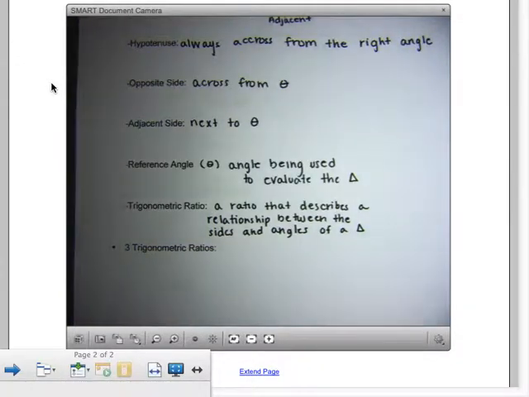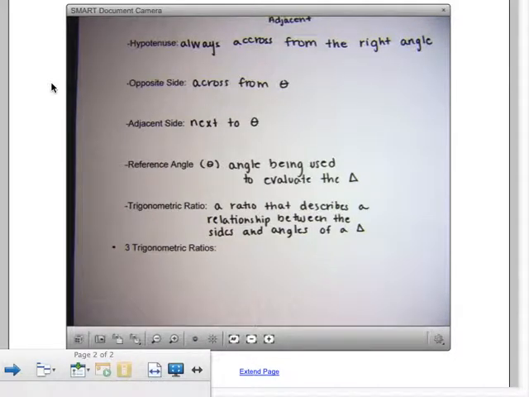Okay, so ratio, it's going to be a fraction, and we're going to use theta, opposite, adjacent, and hypotenuse for the three different ratios. Okay, the three ratios are ratios that you're going to have to memorize.